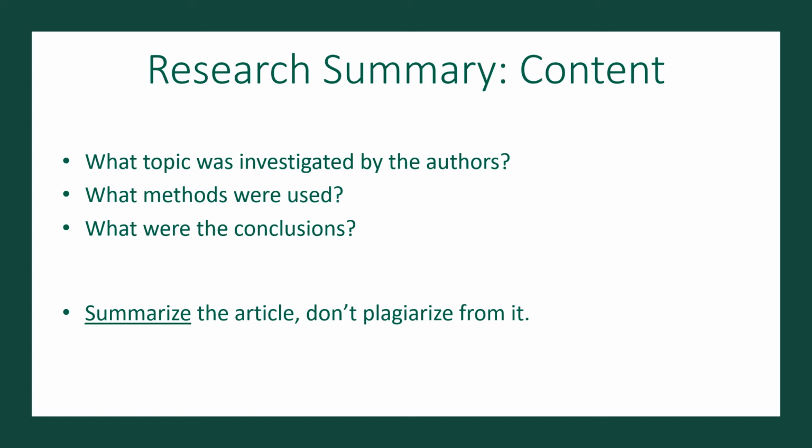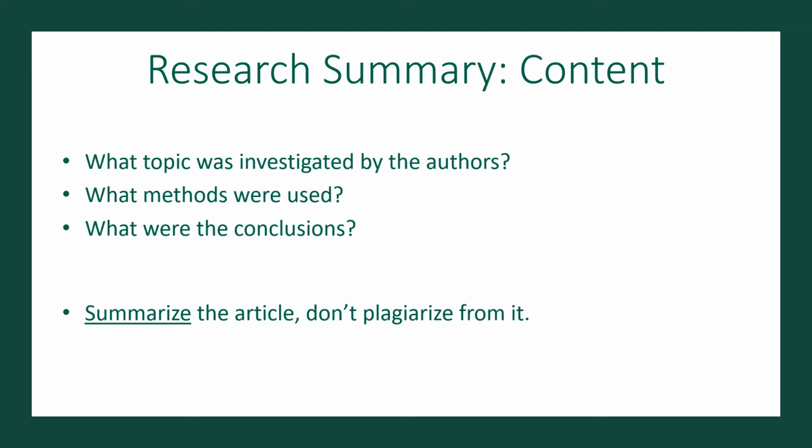After you select your article and read it carefully, your summary of it should explain all the important parts. You should explain what topic was investigated by the authors, what methods were used to explore the various topics of interest, such as whether they were experiments, qualitative techniques, or correlational survey techniques.